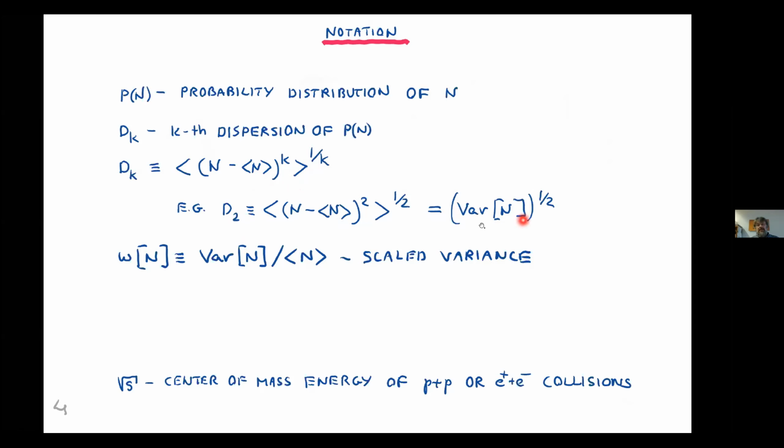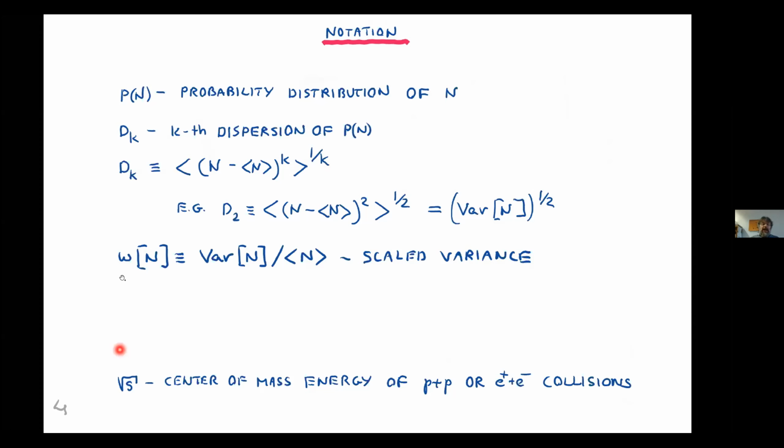So there's no magic, very easy. We were used to cumulants and central moments. For higher moments, it will be to the power of 1 over the order of the moment.